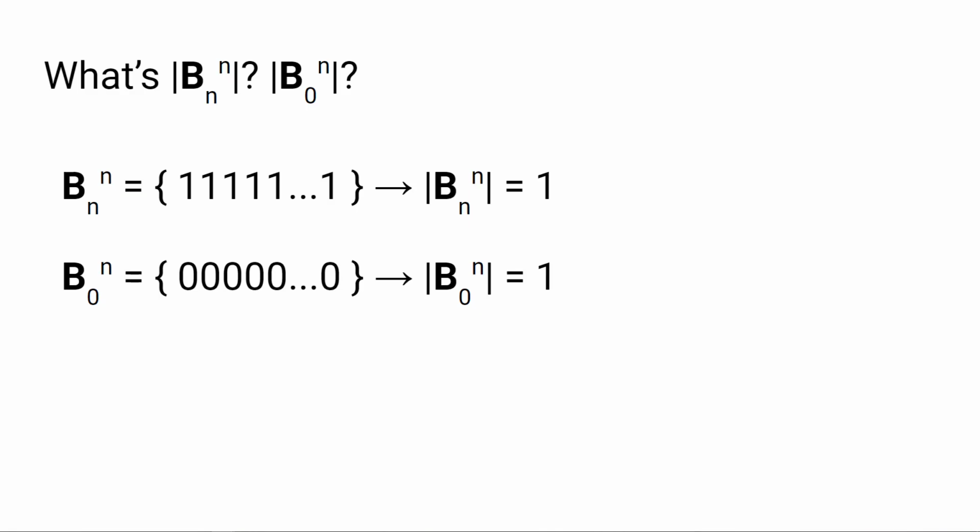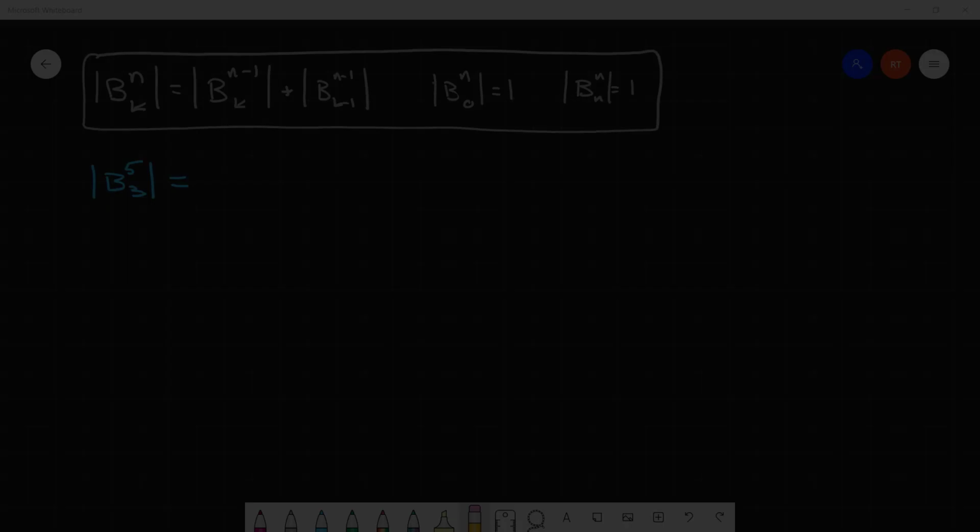If you had any zeros in a string of length n, the weight would be less than n. Therefore, the number Bnn is always going to be equal to 1. Similarly, Bn0 is the set of all n-bit strings of weight 0. And again, there's only one thing in that set, namely the string of n zeros. So the number Bn0 is also equal to 1.